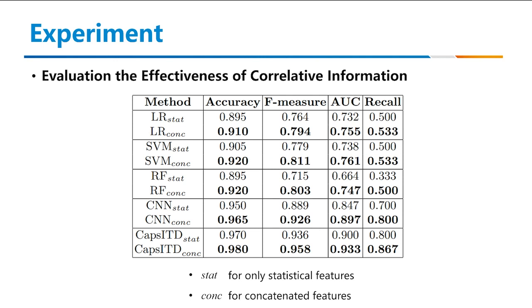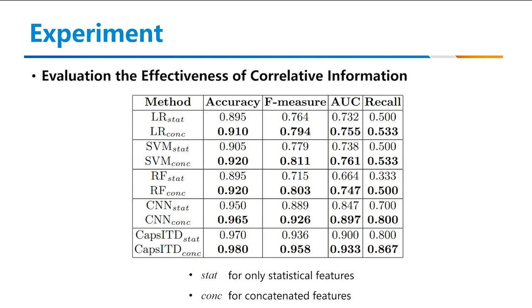To evaluate the effectiveness of correlative information, we compared the models with statistical features and concatenated features. The experimental results are shown in this table, where the subscripts are STAT for only statistical features and CONC for concatenated features.